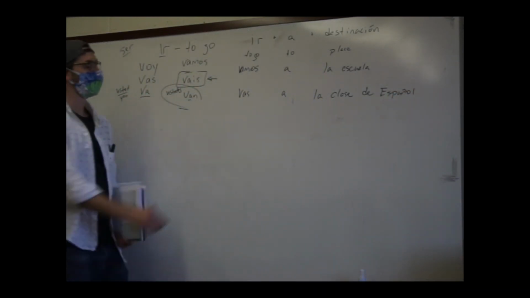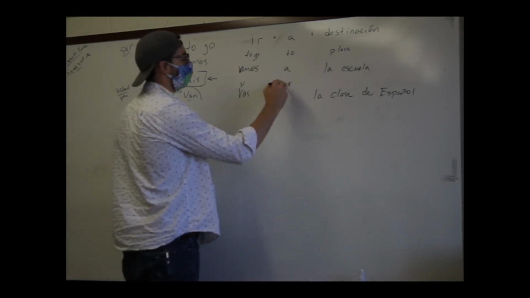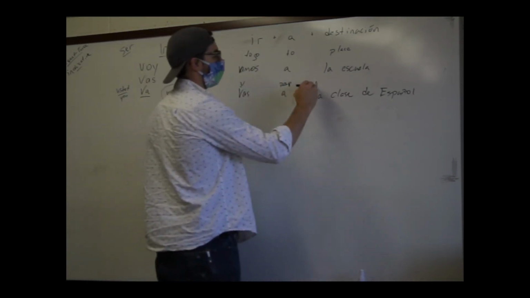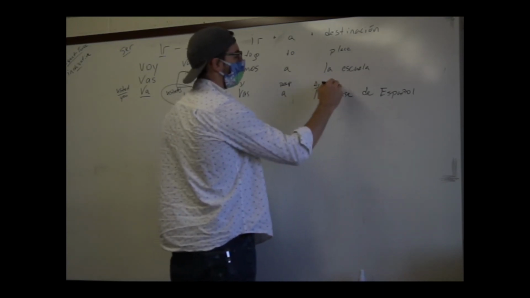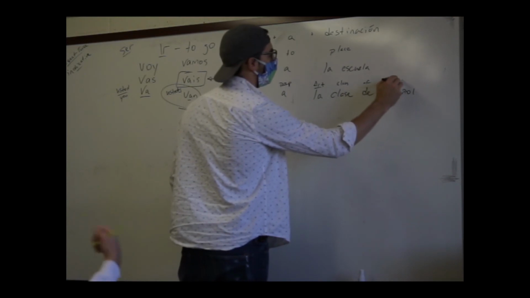So we've got the verb. We've got a preposition, to. We have an article, the, to the class of Spanish.